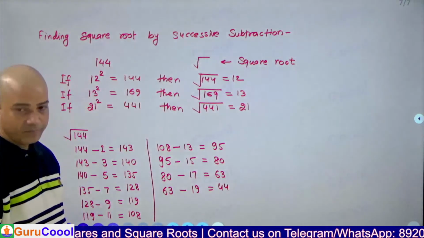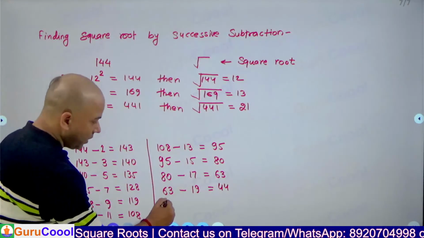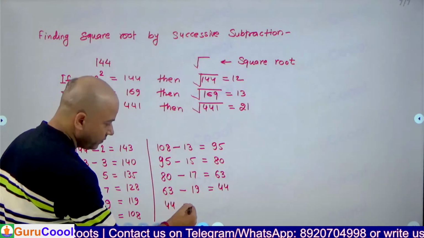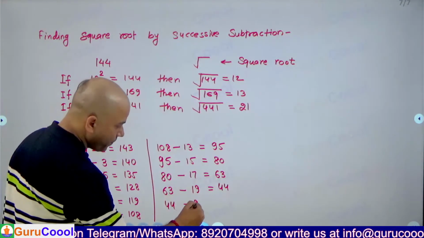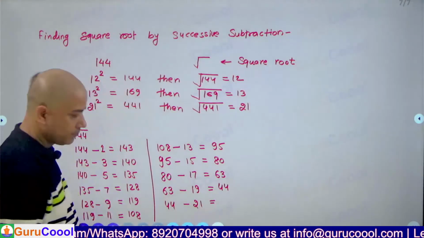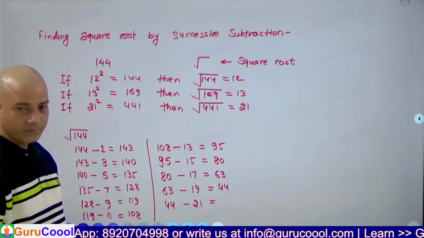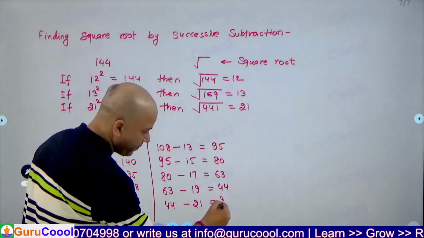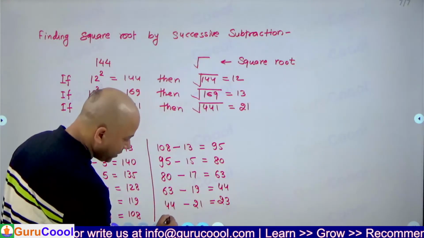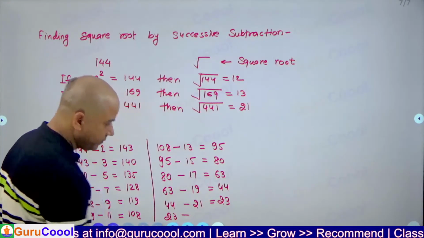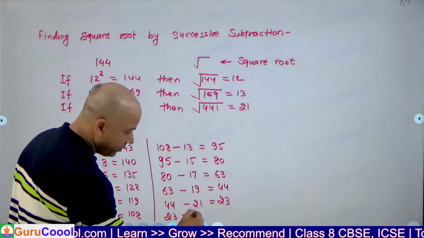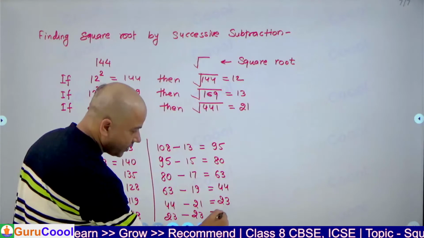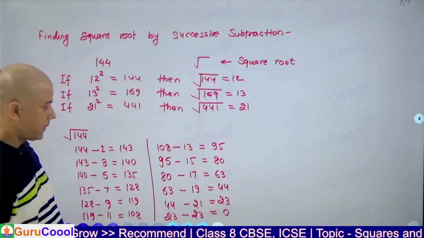Right? 44 minus 21. How much? 23. And 23 minus 23. We got 0. Process stops.